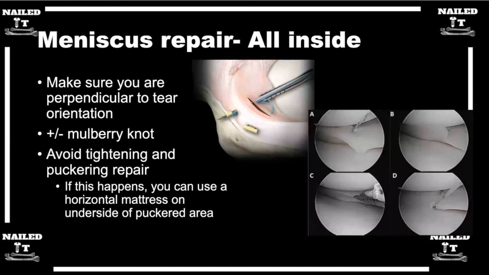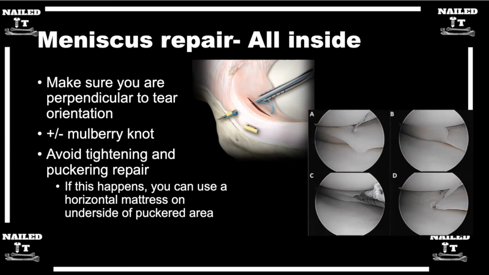And then how do you decide whether you're going to do a vertical mattress versus a horizontal mattress in your knot? Yeah, vertical mattress, largely speaking, is biomechanically superior to a horizontal mattress. But sometimes, like a bucket handle tear, I have no problem putting a horizontal mattress stitch in first to tack it back, because it'll spread out between two points better and actually provide some reduction to the meniscus over a larger width of tissue.